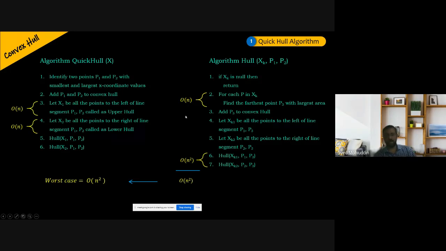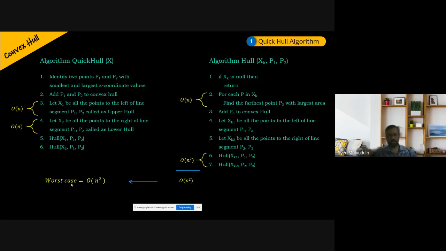Adding these two, we are not multiplying them. Adding them gives a polynomial, n plus n square. So the highest degree of the polynomial is n square itself. So the time complexity of this quick hull, or divide and conquer approach, is O of n square.